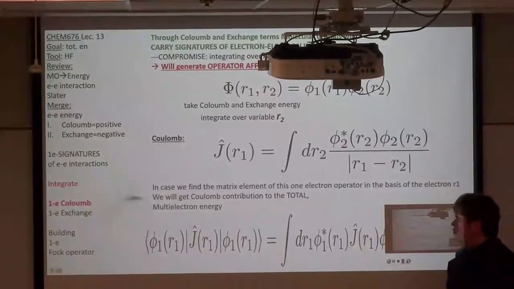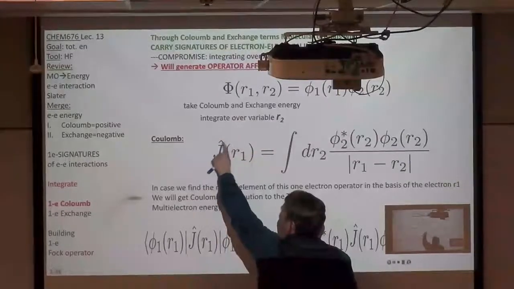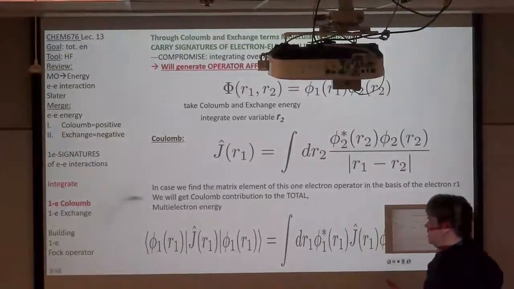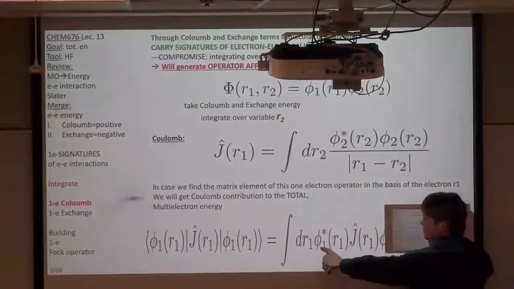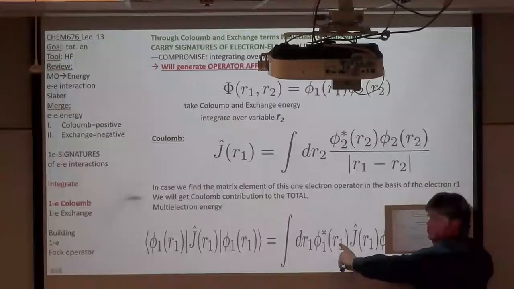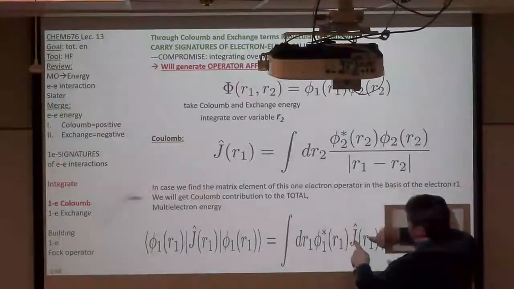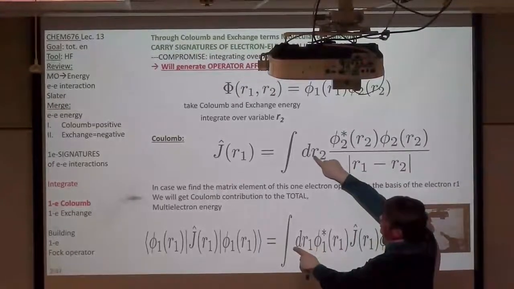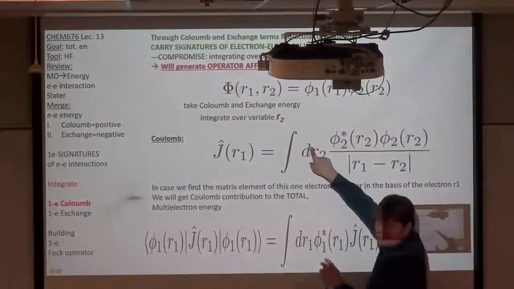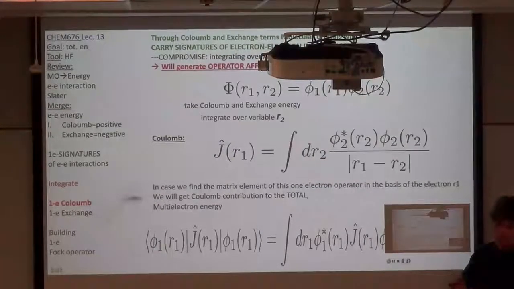And if we want to convert this hybrid operator into a number, we need to integrate it over phi sub 1 as a function of electron 1. If you plugged this expression here, you would recover the integration over R1 and R2, as we did for the Slater determinant, to get the Coulomb interaction.